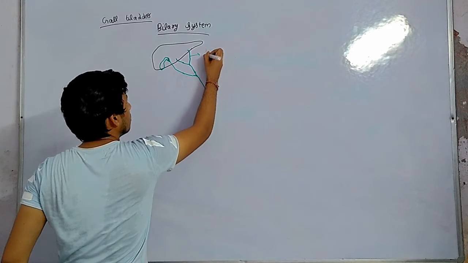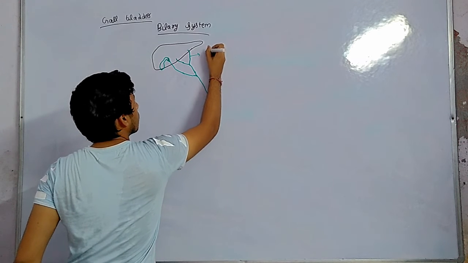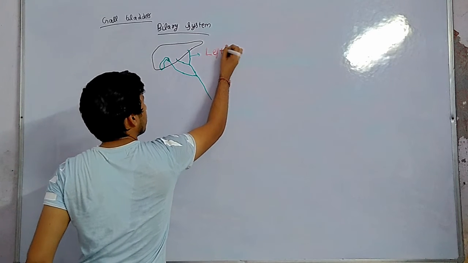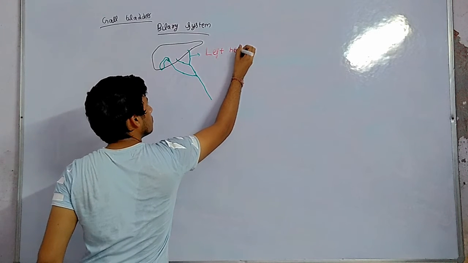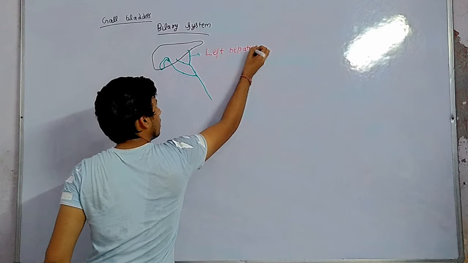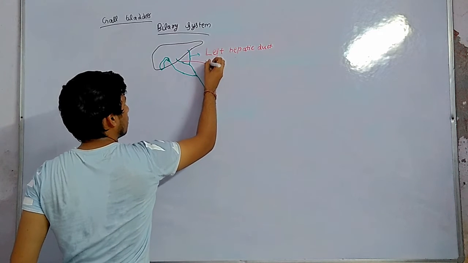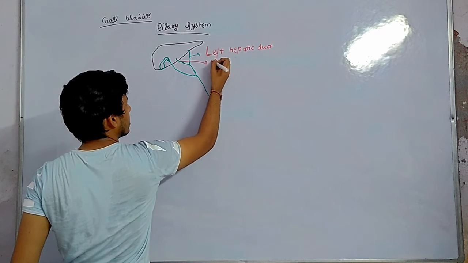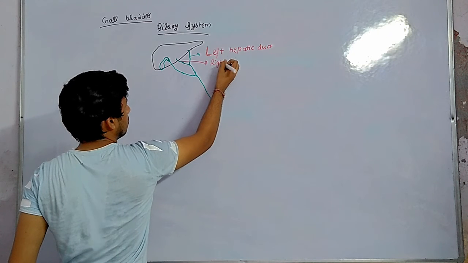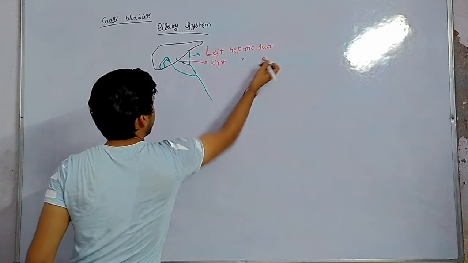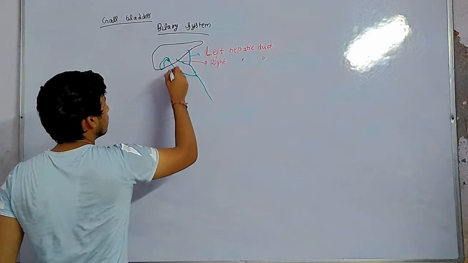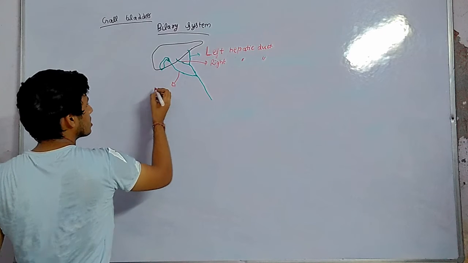This is the left hepatic duct. This is the right hepatic duct. You have read this in class 12. And this is the cystic duct.